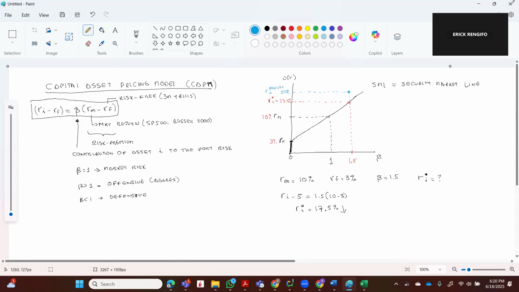So the model tells you it should produce 17.5, but in real life it's producing 20%. Make sense to you? Do you understand? Guys, do you understand what is going on here? Yes. Yeah. Okay, perfect.